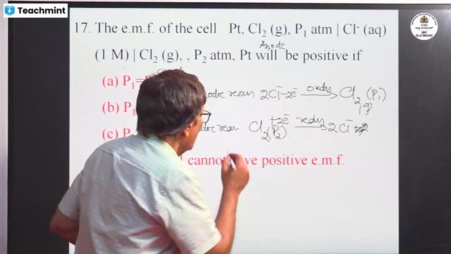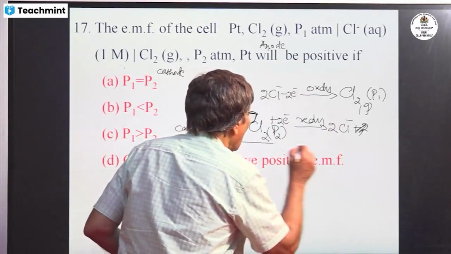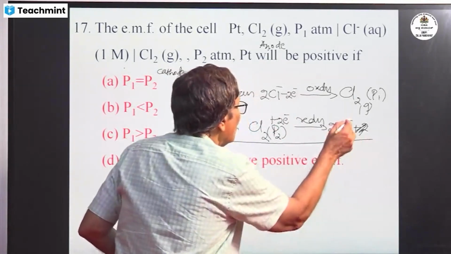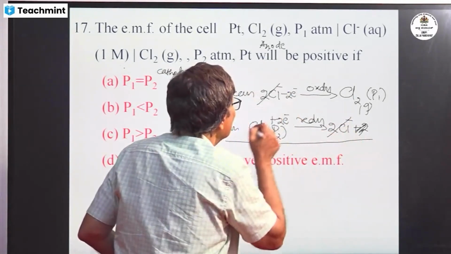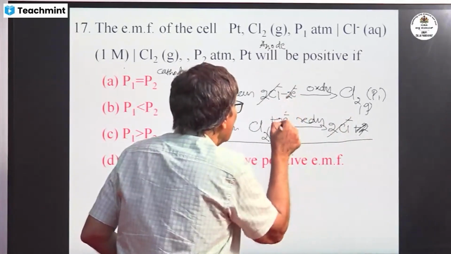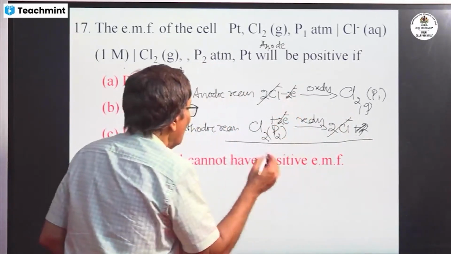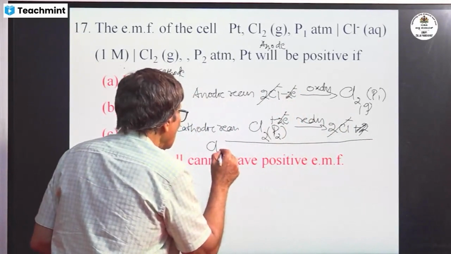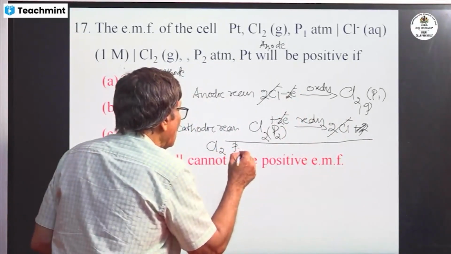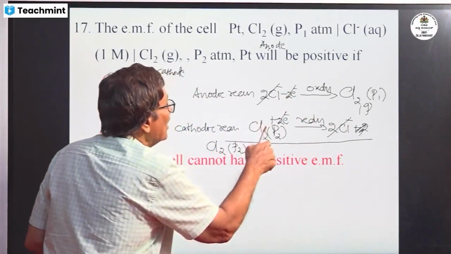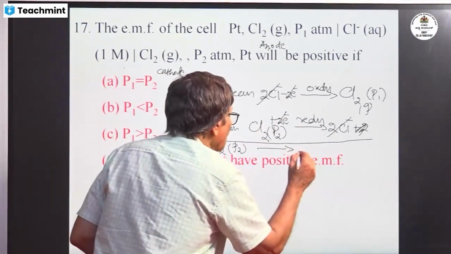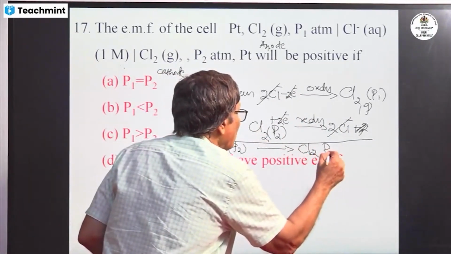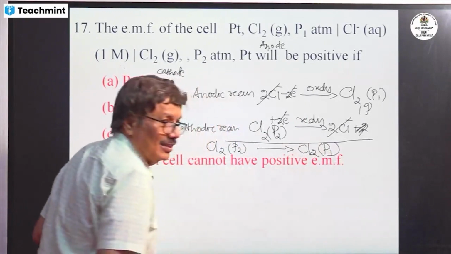So the overall reaction, how can you write it? Chloride ion gets cancelled, and the loss of electron and gain of electron get cancelled. So what remains is chlorine at pressure P2 changed to chlorine at pressure P1. That is the net reaction.